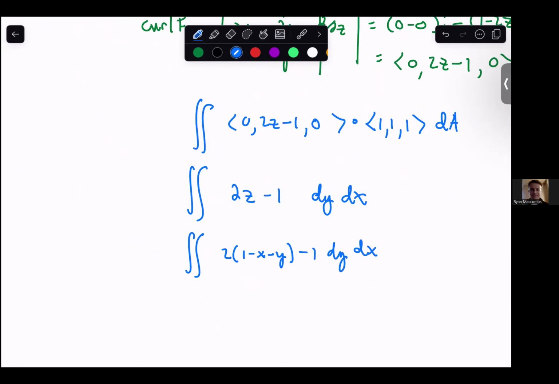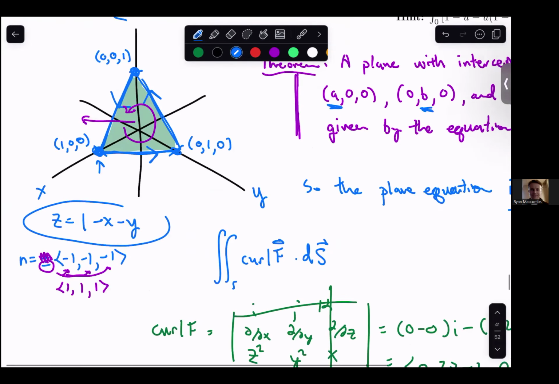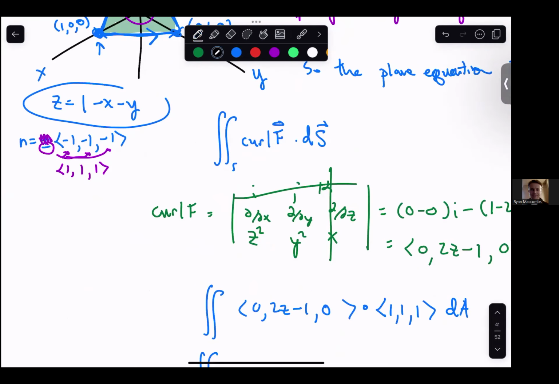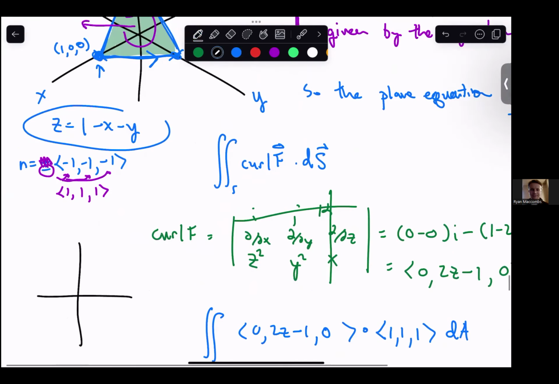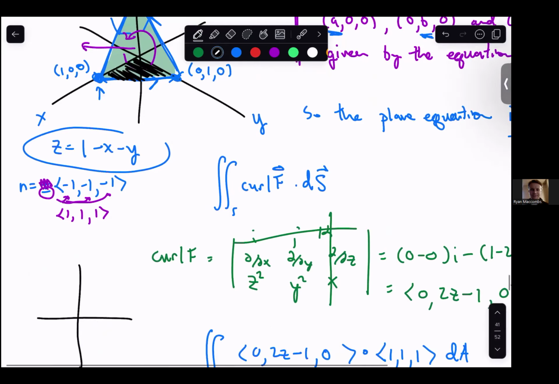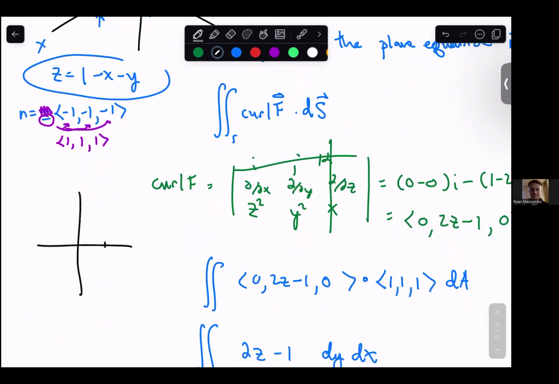All right, now I need to think about my bounds. I'm going to take my surface and smush it into the xy plane. The entire shadow of the surface, smushed down in the xy plane, would still have an x value of 1 or less and a y value of 1 or less.